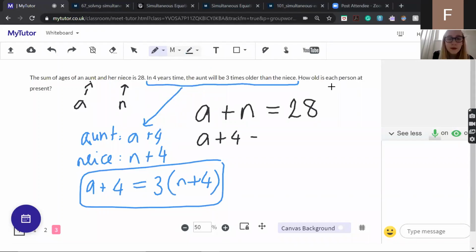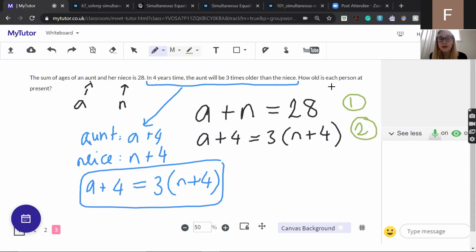So A plus 4 equals 3 lots of N plus 4. And here are our equations 1 and 2. In fact, I'm going to simplify this a little bit and write it more in the form that we're used to. A plus 4 equals 3n plus 12. All I've done there is expand out.